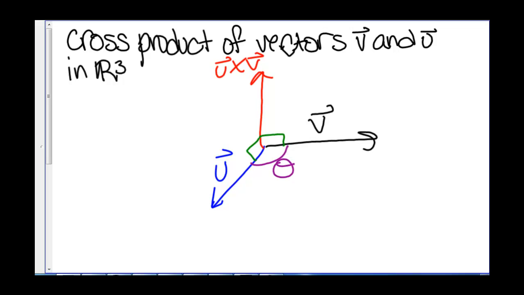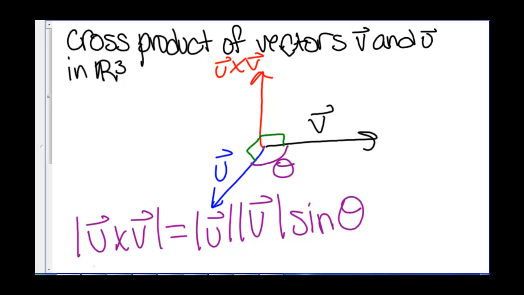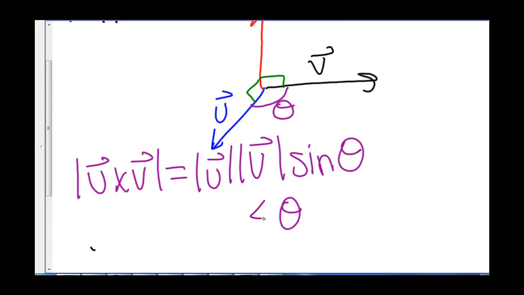We define the cross product as a vector with magnitude: the magnitude of u cross v equals the length of u times the length of v times the sine of theta, and theta is between 0 and pi.